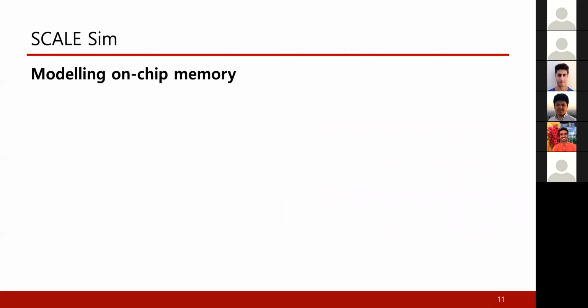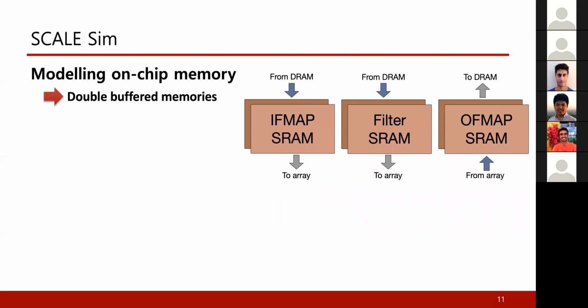So on the memory side, we have double buffered memory. So we have three SRAMs which we can capture. The double buffered memories work like this: you have one buffer from which you read the data for your execution and another buffer where you prefetch the data.